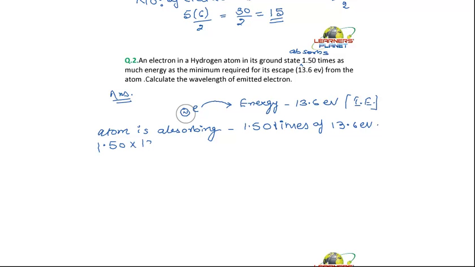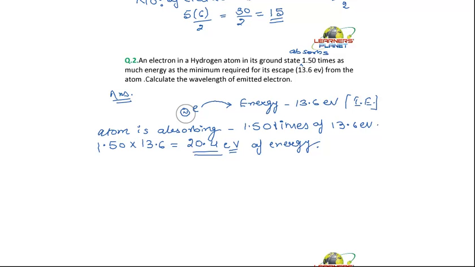It is 1.50 into 13.6, and this gives you 20.4. It means your hydrogen atom is absorbing 20.4 electron volts of energy, right?